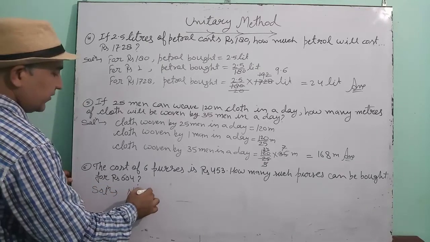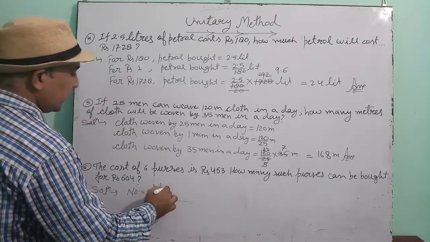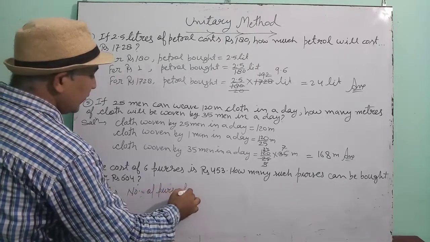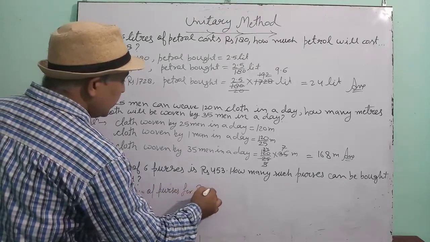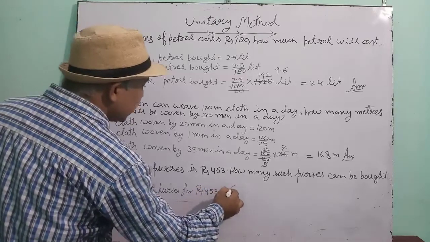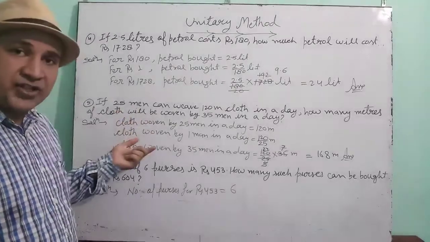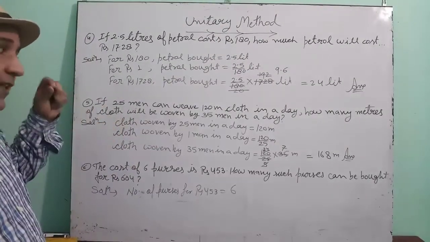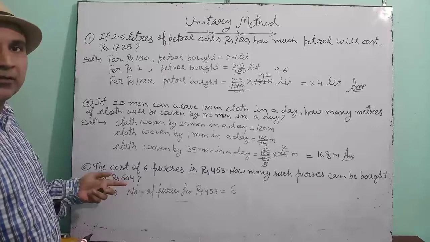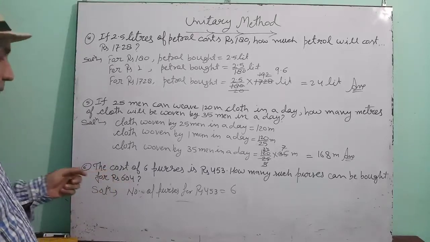So your statement will be: number of purses for rupees 453 is equal to 6. Children, you have to learn how to write a statement, because in this chapter, in every question you have to write the statement. So must do practice for it also.